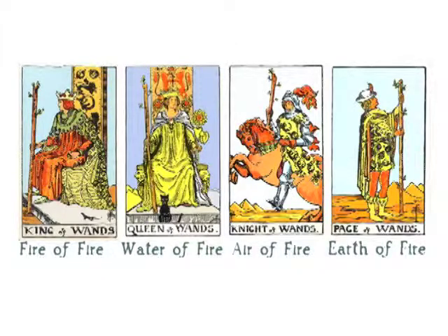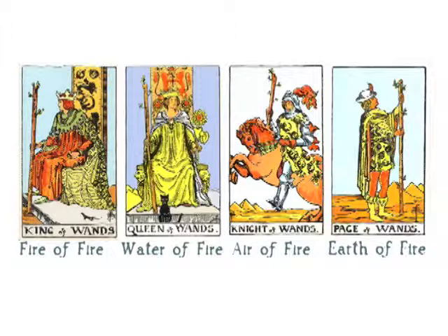The Kabbalistic view of the court cards would be a little bit different and a little more detailed. For example, when you look at the court cards for wands, we begin with the king, and that would be fire of fire. The queen would be water of fire. The knight would be air of fire.